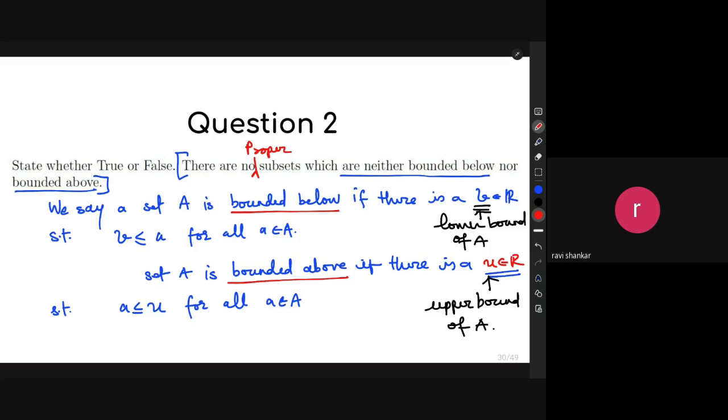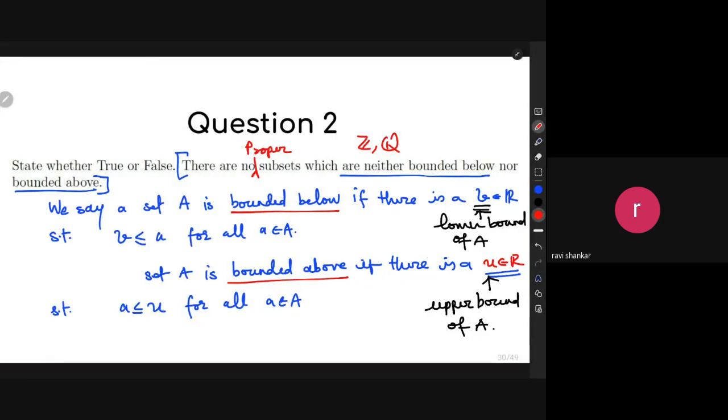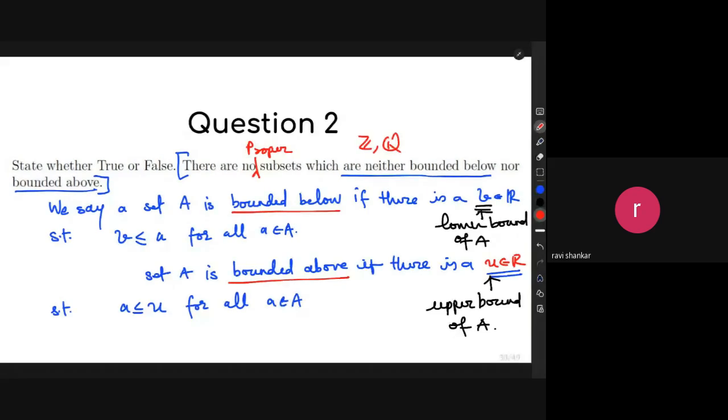Z is a proper subset, and Z is neither bounded below nor bounded above. Z and Q are the examples which are neither bounded below nor bounded above, and they are also proper subsets. So this statement is false. Correct.